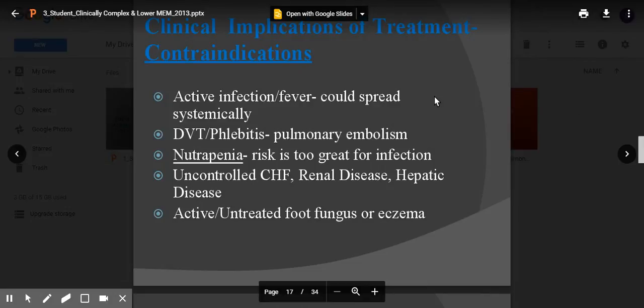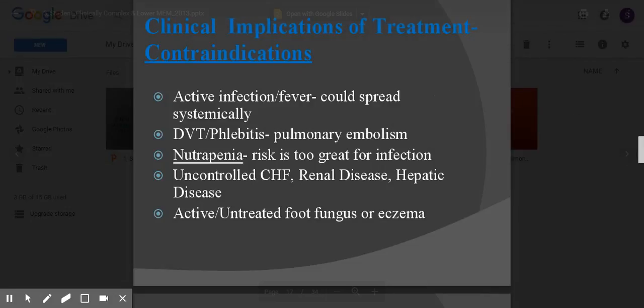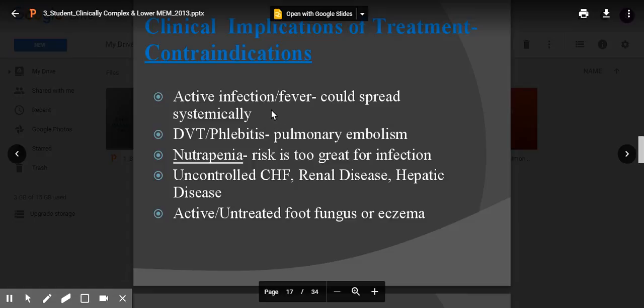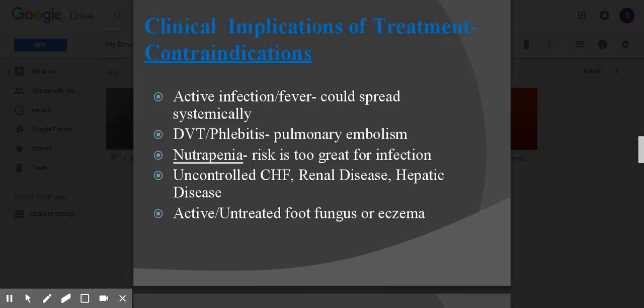There are some contraindications, times when we just don't treat patients. If that patient has an active infection or fever, we can very easily spread that infection around. If that patient has an acute DVT or acute case of phlebitis, there is that risk of pulmonary embolism.